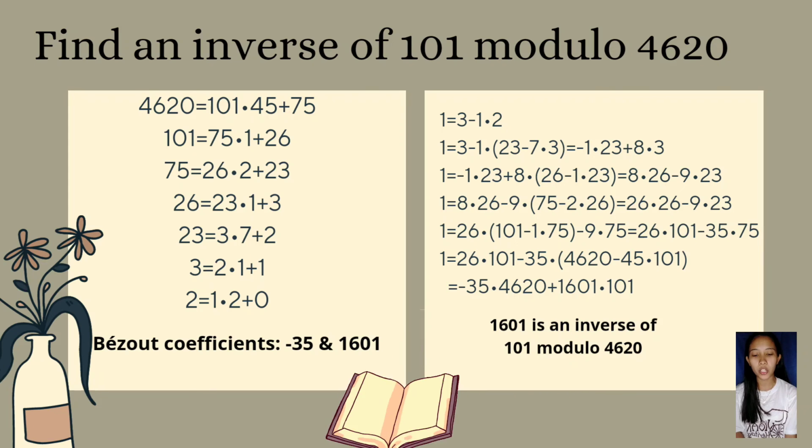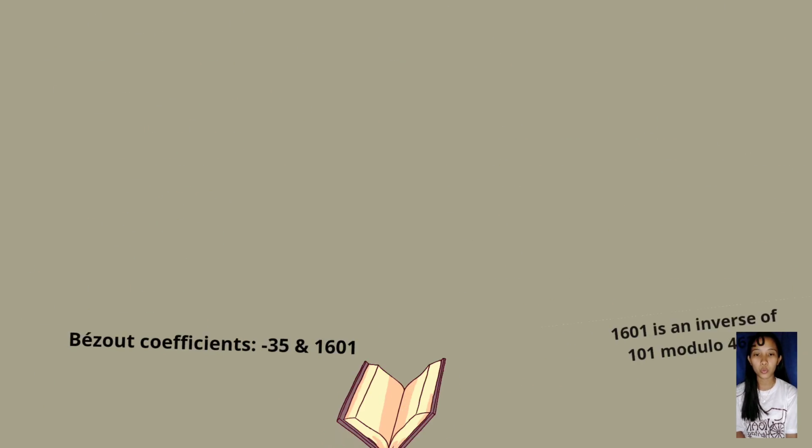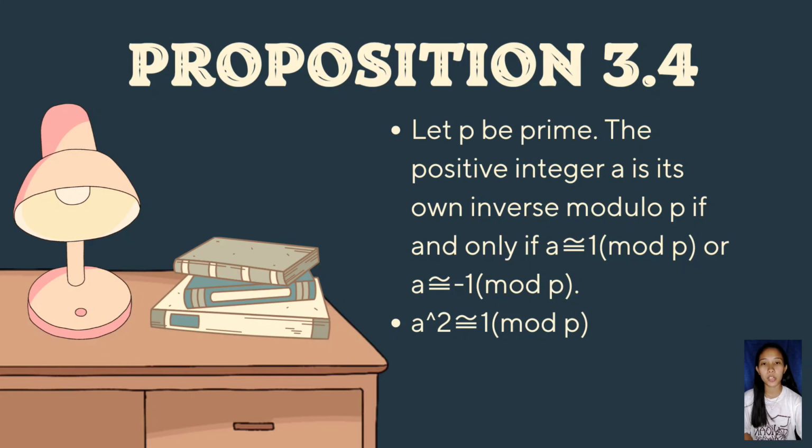So, kaya nagkaroon tayo ng 1 is equals to 26 times 101 minus 35 times the quantity of 4,620 minus 45 times 101. So we will have negative 35 times 4,620 plus 1,601 times 101. So our Bezout coefficients are negative 35 and 1,601. So 1,601 is an inverse of 101 modulo 4,620.